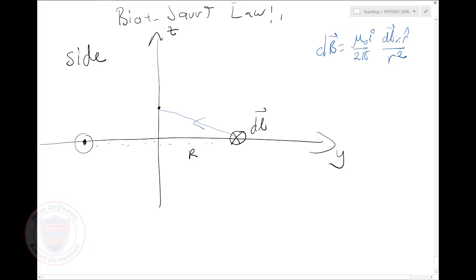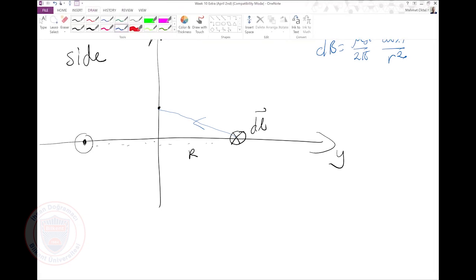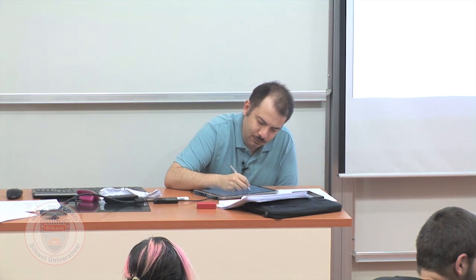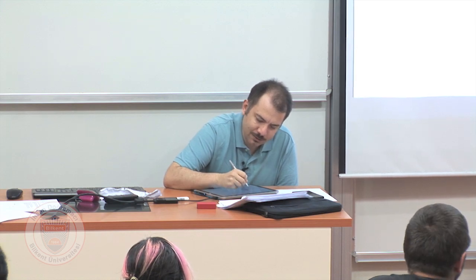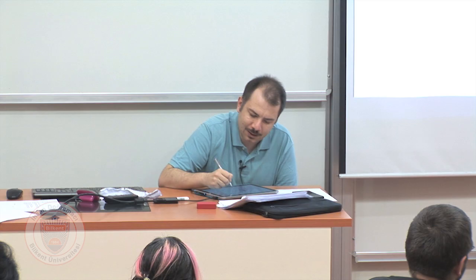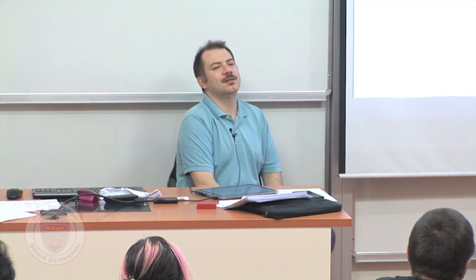I close my four fingers. So here is my direction, which I translate to here. So it's going to be perpendicular to this blue line. Let me draw that in another color. So this is going to be dB, and I will call it dB1.